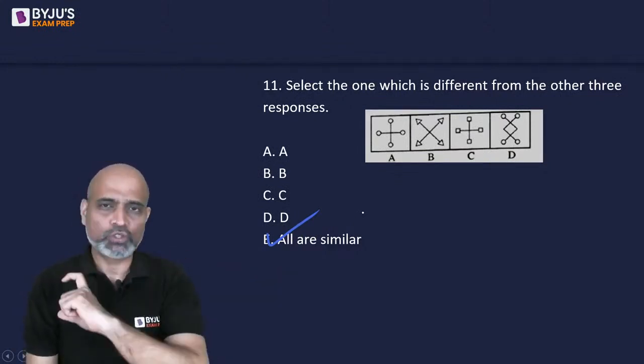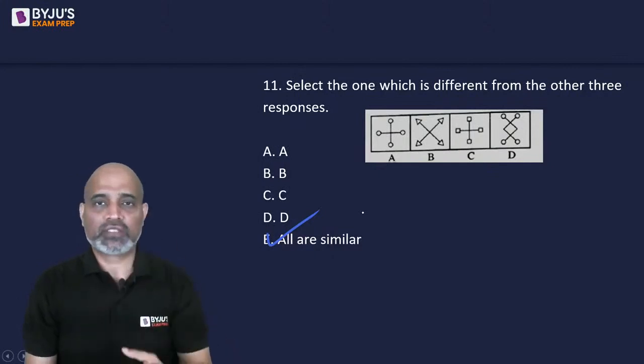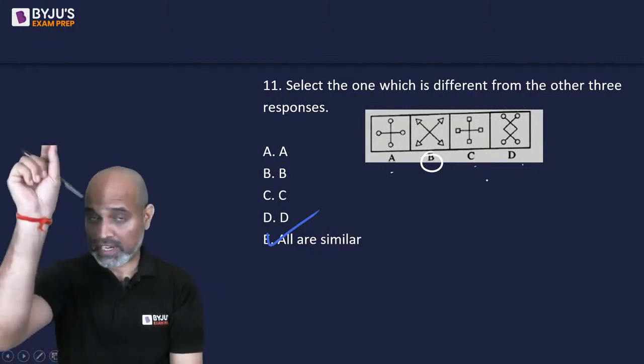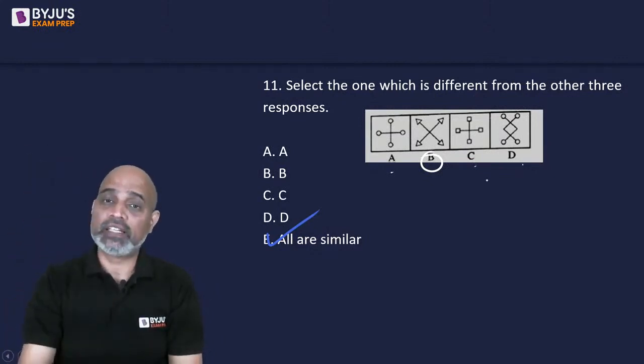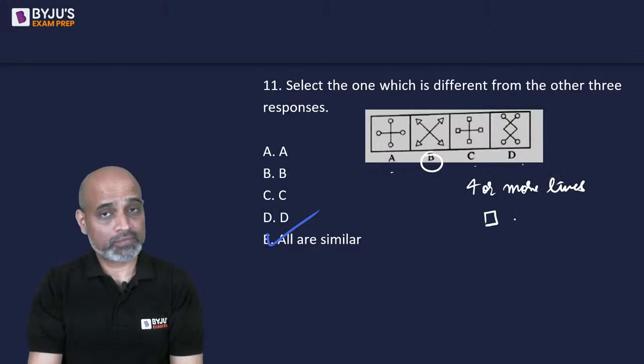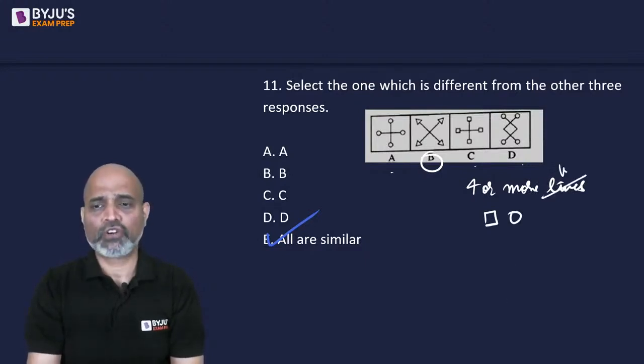Number of segments होगा तो throughout होगा. Think about this. If I tell you B is the answer, क्यों? Because A, C, D, their end points of each segment, they are made up of 4 or more lines. मतलब स्क्वायर या सर्कल से बना हुआ है, या फिर मैं बोल सकता हूं कि 4 or more vertices हैं.